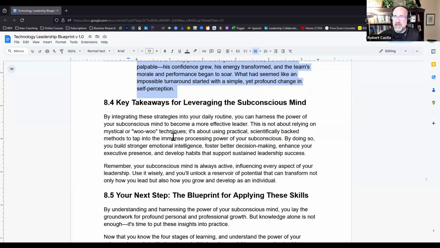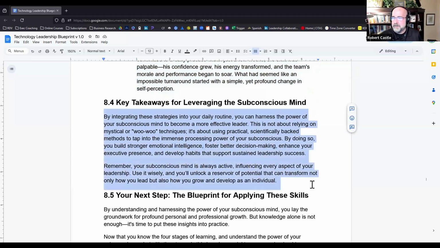So here are the key takeaways for leveraging the subconscious mind. By integrating strategies, such as the ones that we just talked about, you can harness the power of your subconscious mind to become a more effective leader. This isn't about relying on mystical or woo-woo techniques. It's about using practical, scientifically backed methods to tap into the immense processing power of your subconscious.